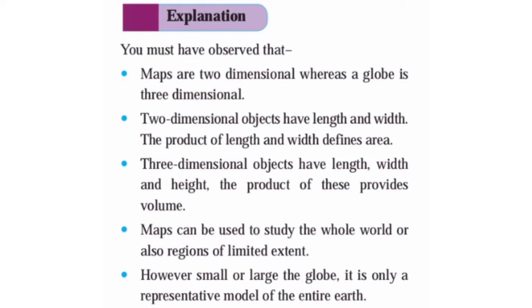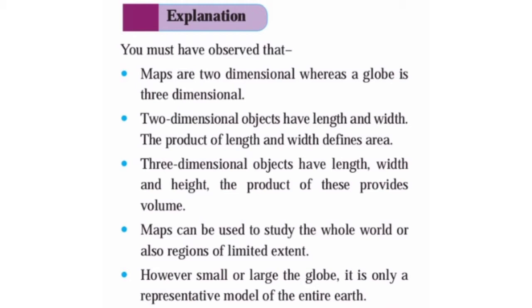The product of length and width defines area. So two-dimensional objects are those having length and width, and the product, meaning multiplication of length and width, helps us to calculate the area of any particular region.